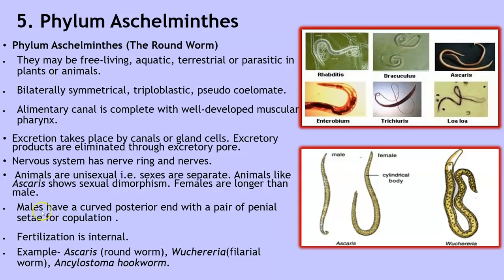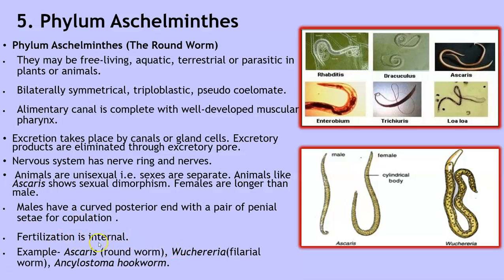Now, in the case of Ascaris, the males are slightly shorter as compared to the females. Males have a curved posterior end with a pair of penial spicules for copulation. Copulation is the phenomenon for helping out the process of fertilization.